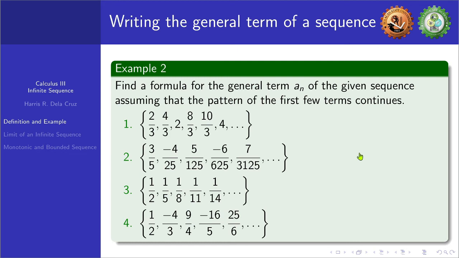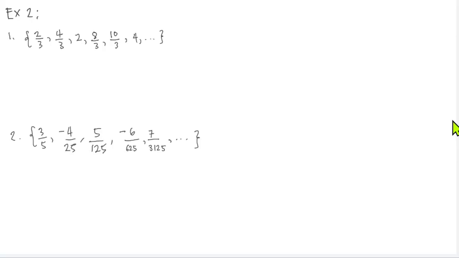Number 3: 1 half, 1 fifth, 1 eighth, 1 over 11, 1 over 14, and so on and so forth. Number 4: 1 half, negative 4 over 3, 9 over 4, negative 16 over 5, 25 over 6, and so forth. We want to determine the general term of the sequence, and we can do this by examining the pattern exhibited by the first few terms of the sequence.